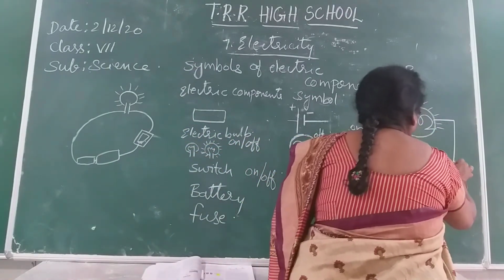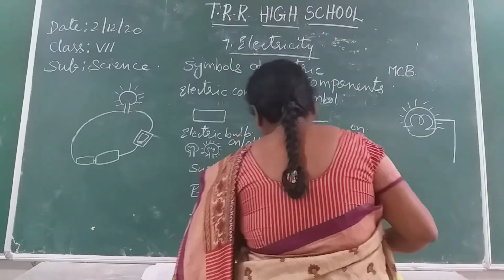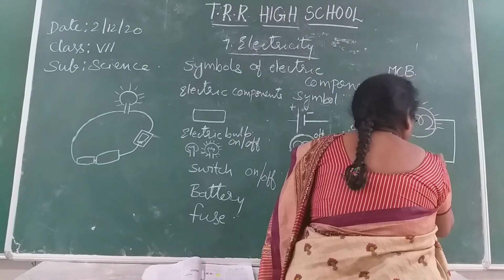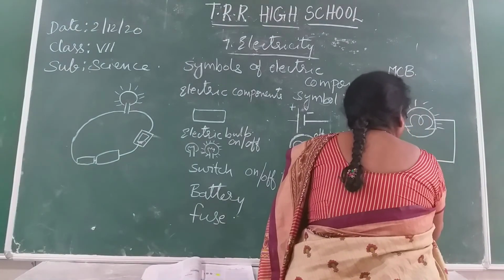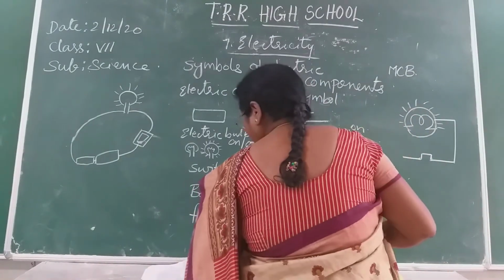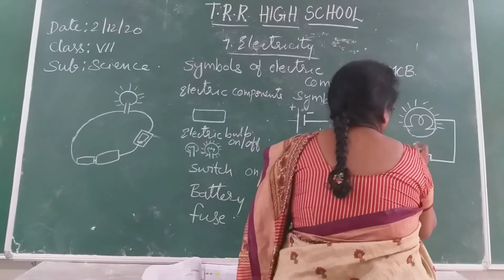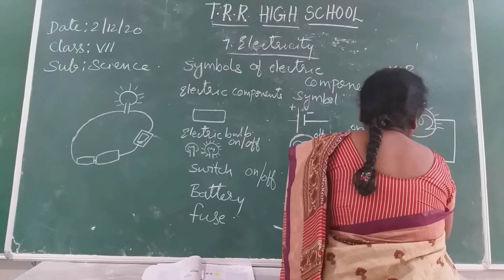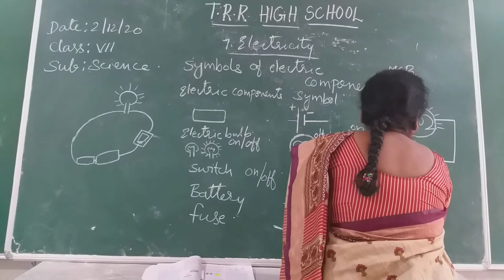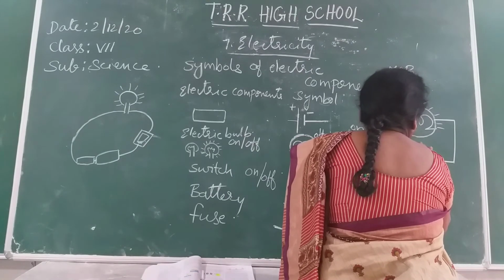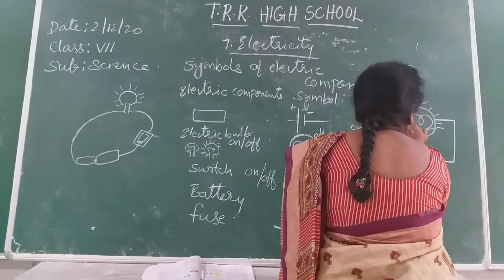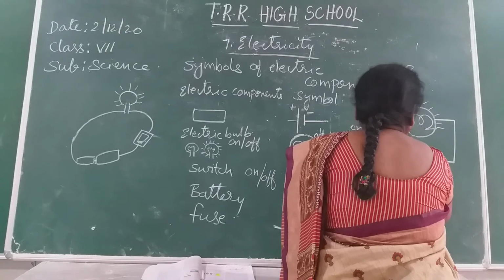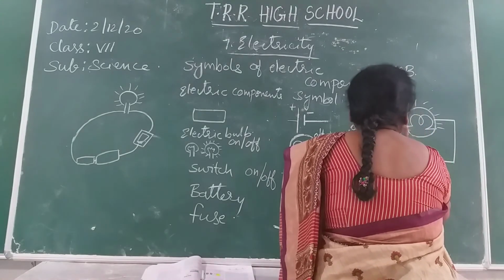Now it is connected with the switch. This is a switch. Now the switch is connected with the cell. Here we are using the battery. You can write battery, or the symbol for a cell if you are using one, then write the minus and plus terminals, then connect it to the bulb. Your circuit diagram is ready.